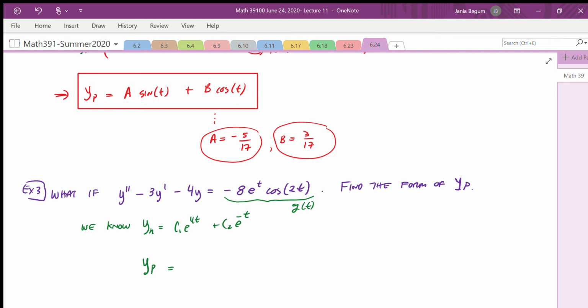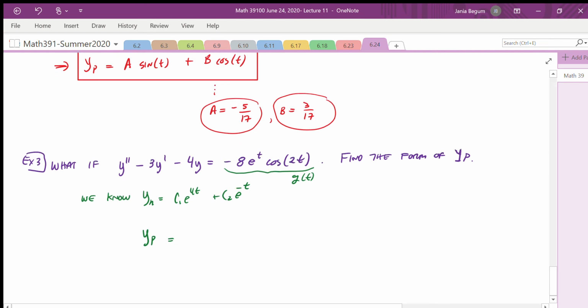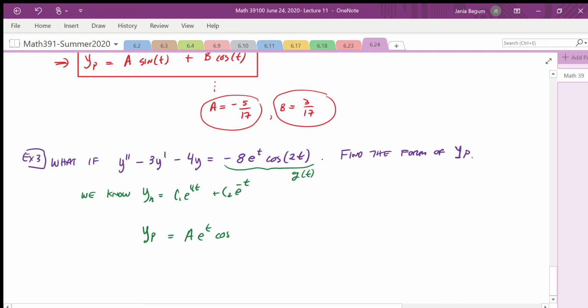So we're going to need a constant times e to the t cosine of 2t, plus another constant times e to the t sine of 2t. That will be the form we're going to guess: a e to the t cosine of 2t plus b e to the t sine of 2t. That's my guess, because it has to correlate with the g of t that you're given. Any questions?